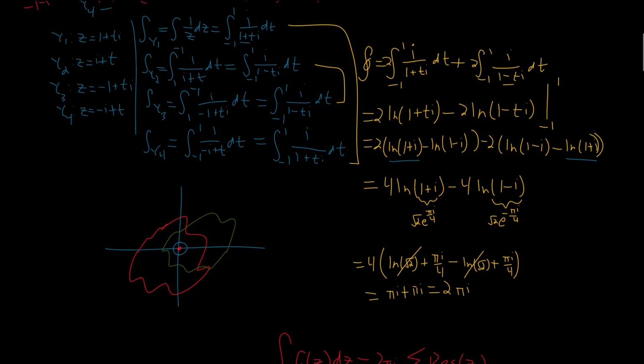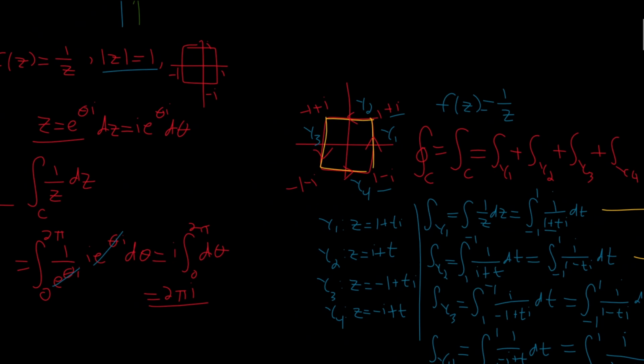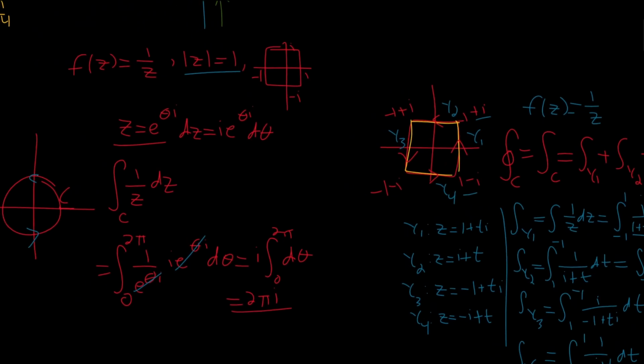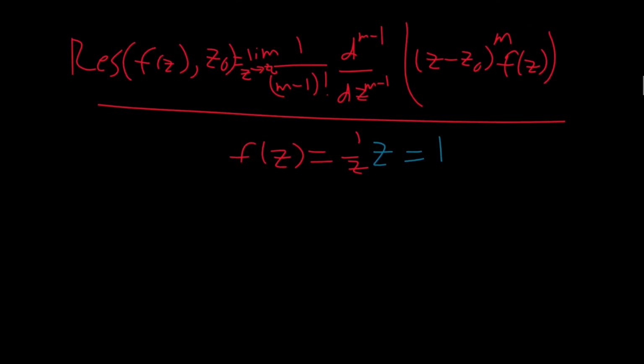So let's now do our original example with our two contours, but now let's do it with the residue theorem. What we have then is f of z. I should really write that down there where you can see the formula.